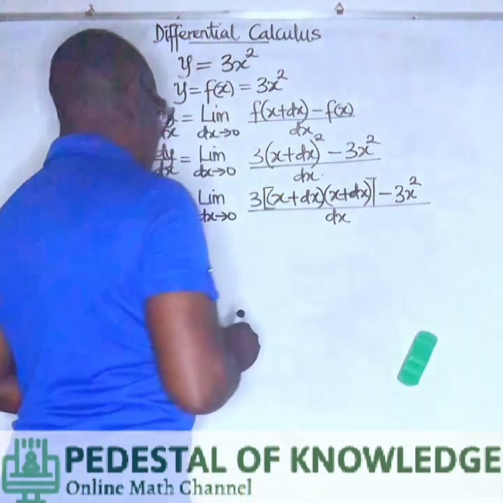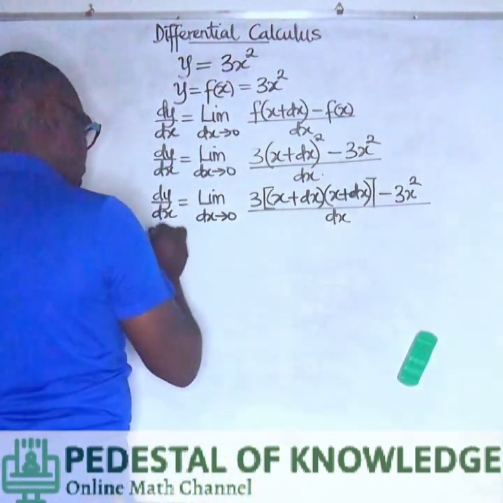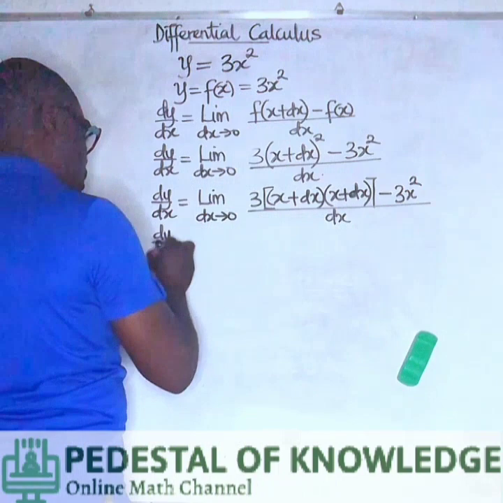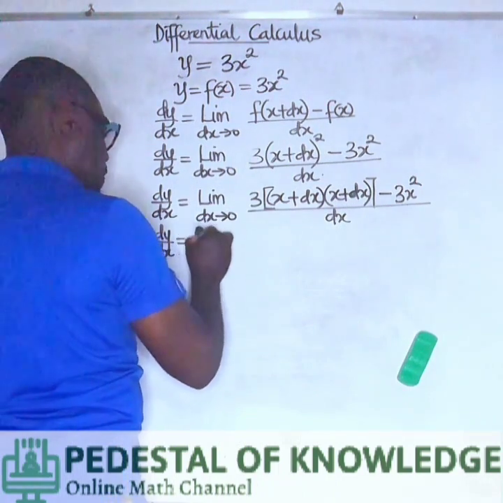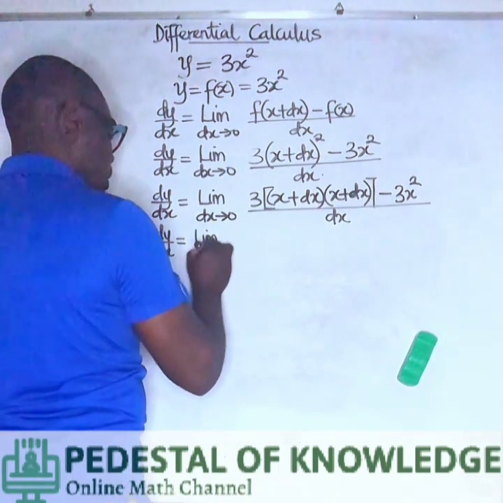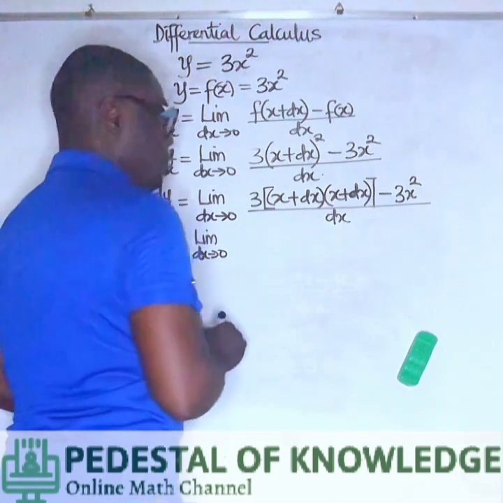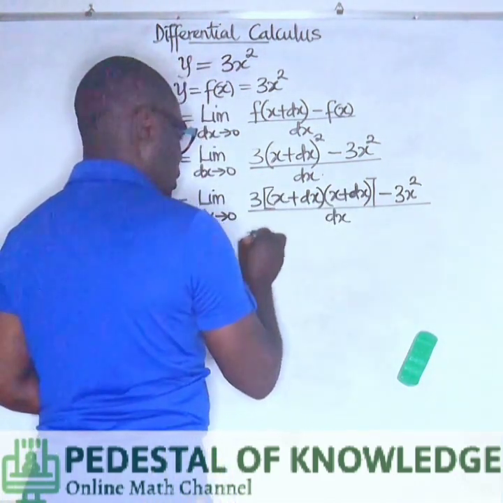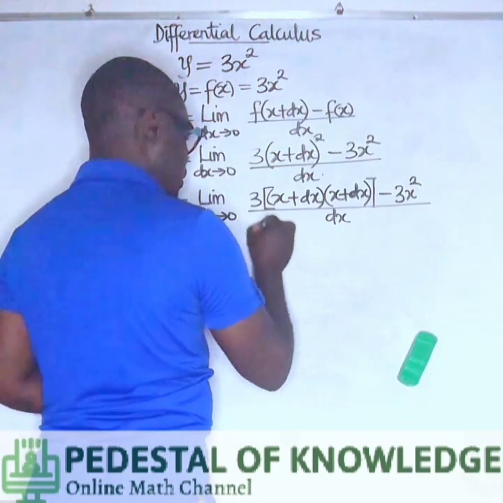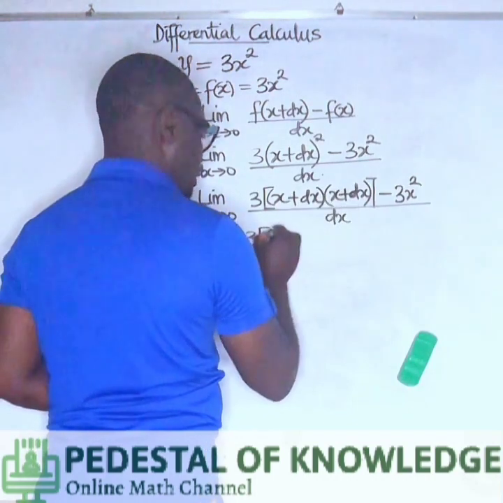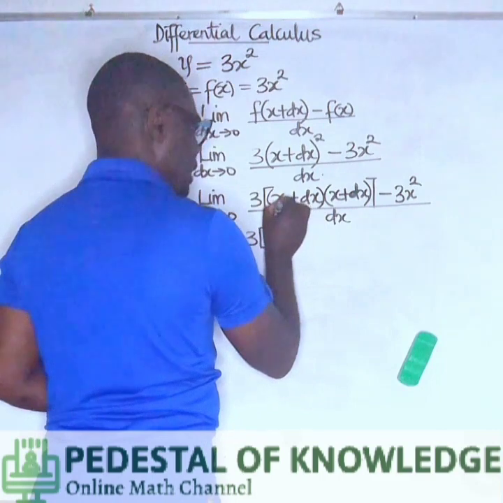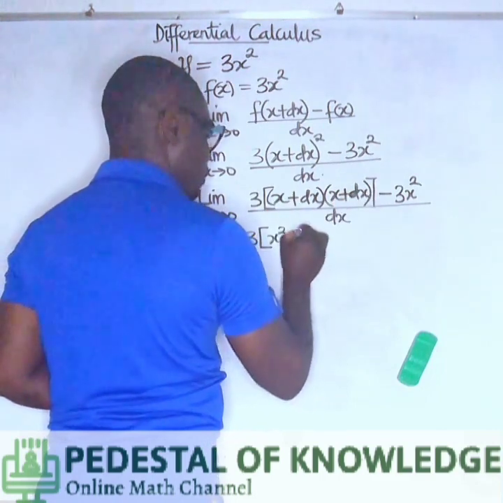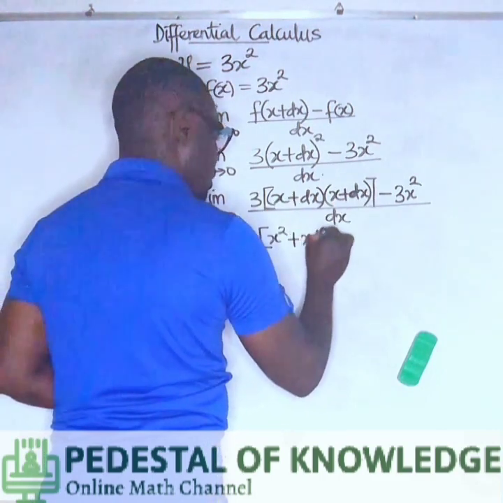dx. Okay, so dy/dx is equal to the limiting value as dx approaches 0 of, when we expand this bracket, we're going to have 3 multiplied by x times x is x squared. x times dx will give us x dx.